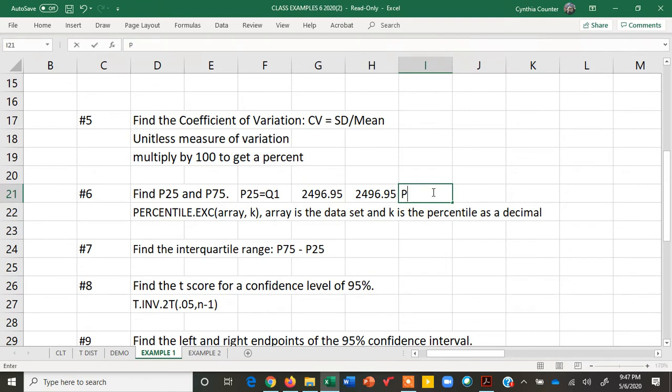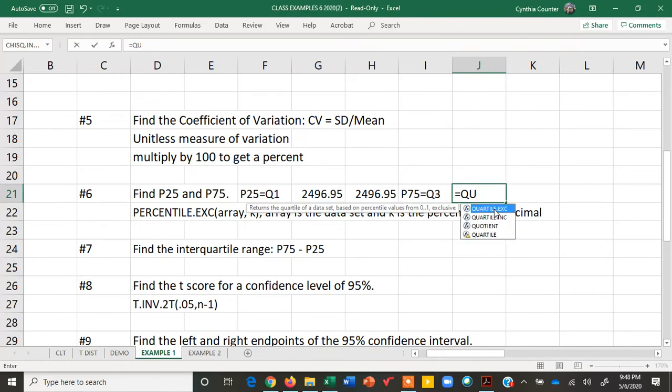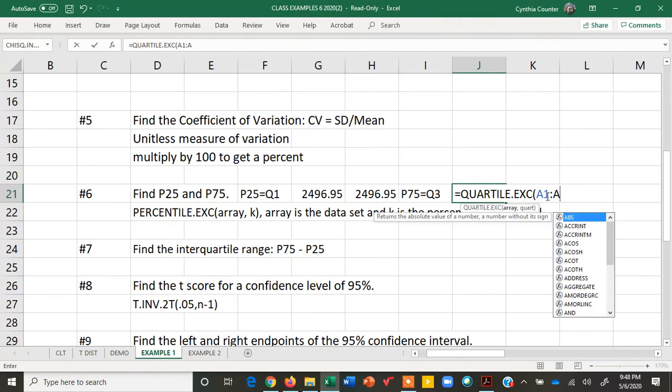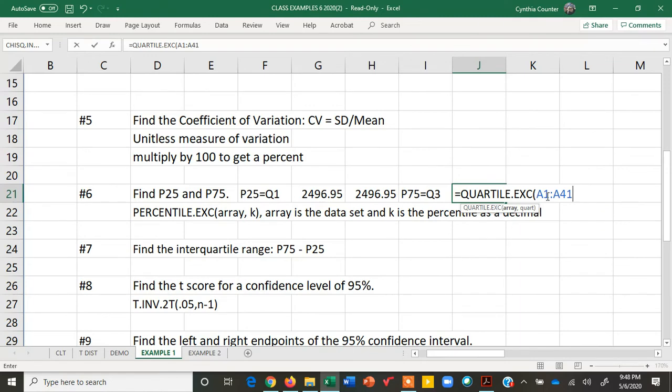If we do P75, which is the same thing as Q3, the upper quartile, again, we have the 2 different ways. We can do quartile exclusive, A1 colon A41, comma, and then the quartile here is, oh, look, this pops up. This makes it easier. It's the third quartile.